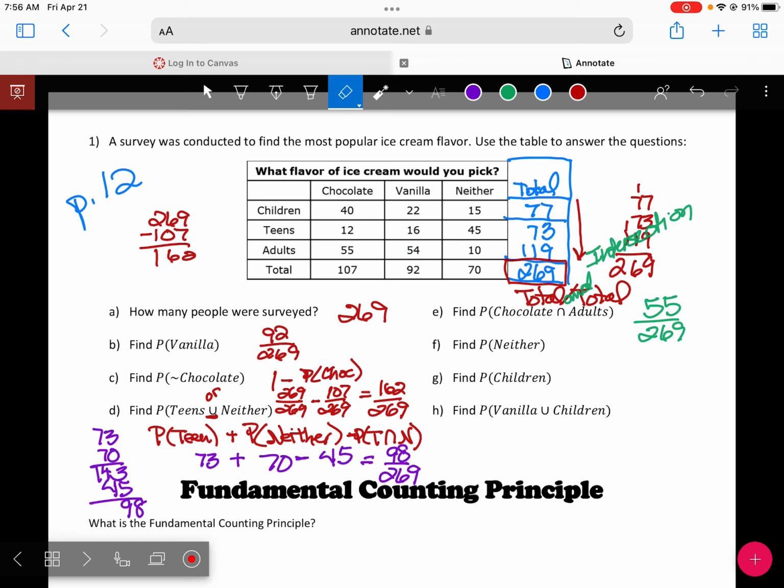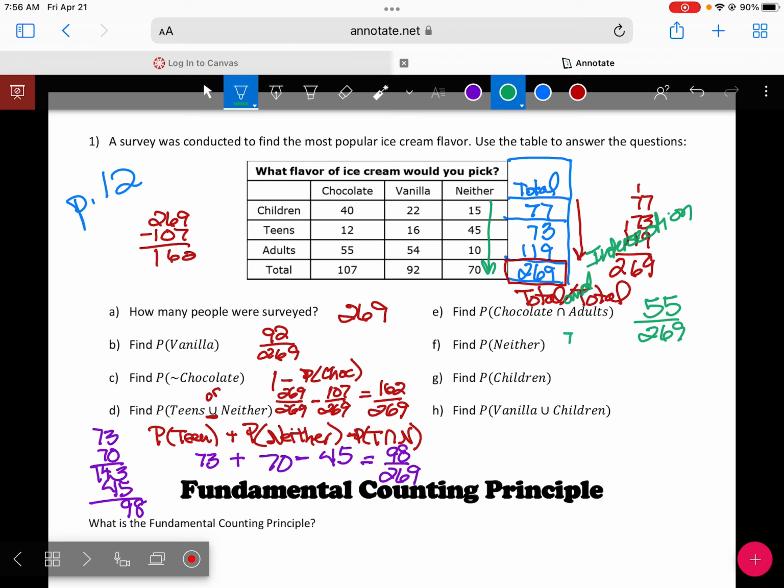All right, letter F. Find the probability of someone who likes neither chocolate or vanilla ice cream. How about Jewels? What would that be for letter F? What do you think? Probability of neither. Go to your total.